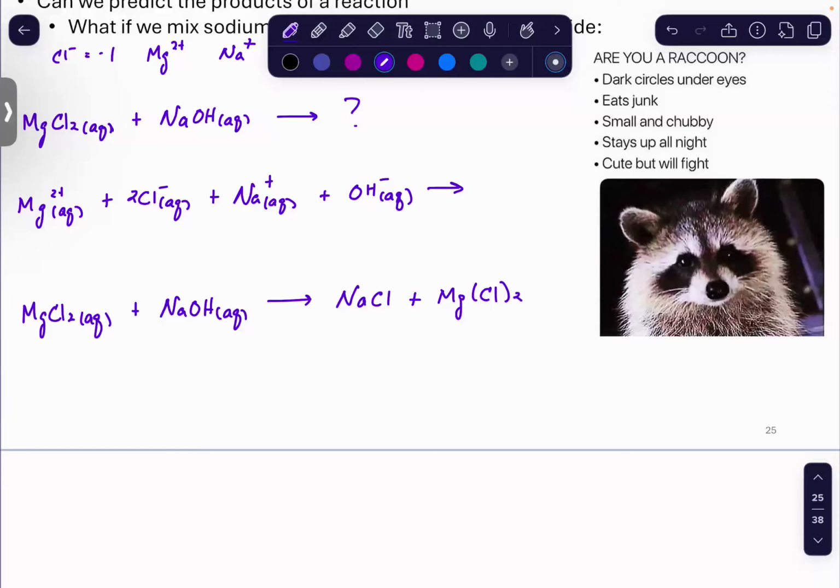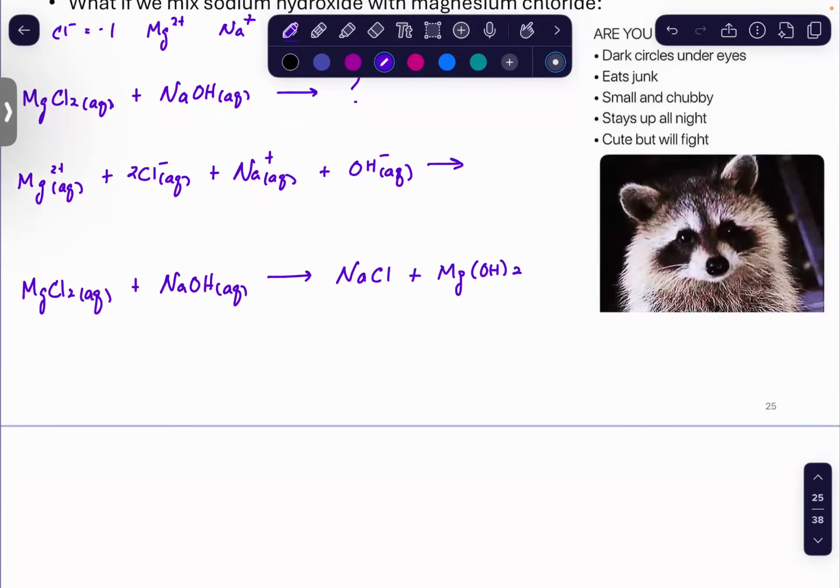Okay. Now, why did I do that? I use parentheses on polyatomic. Oh, yeah. Your magnesium is going to take the hydroxide. That's why I did it. Okay, so now we're almost there. So we say, what are the phases on these products going to be?